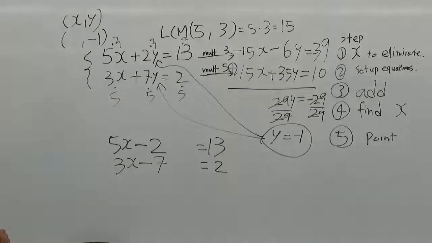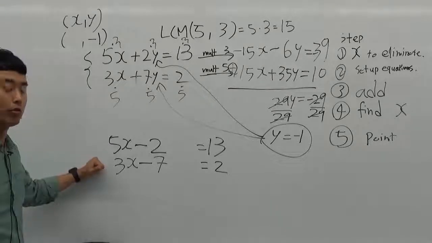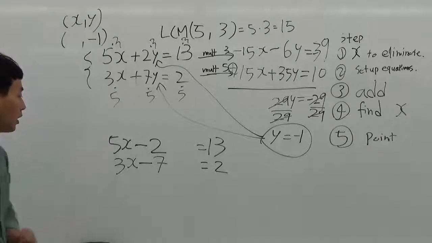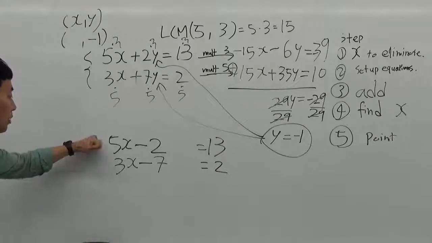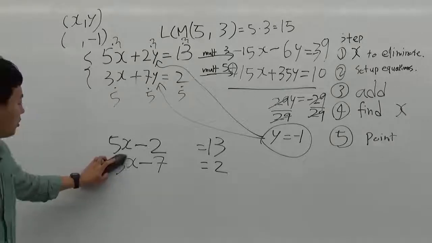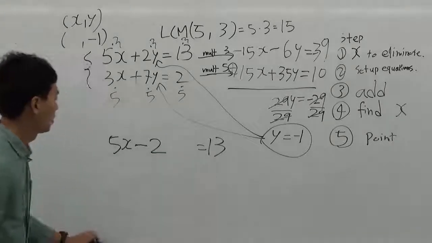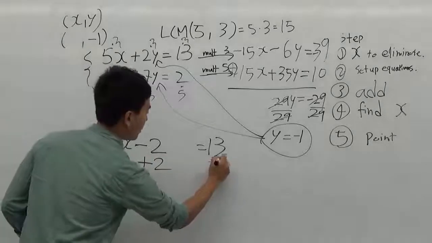We can use the first equation or the second equation to find x. There's no difference, so I will just use the first equation. I will erase the second equation. Then I will add 2 on both sides.